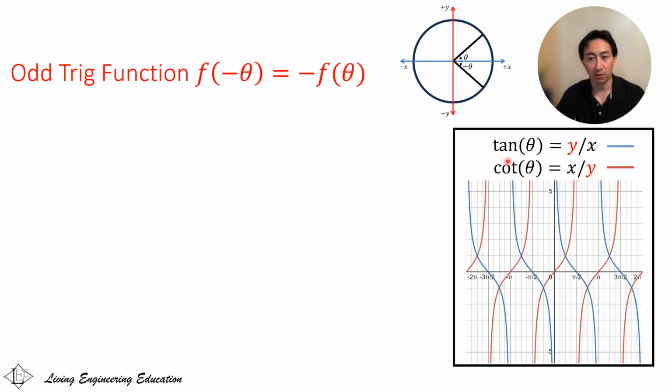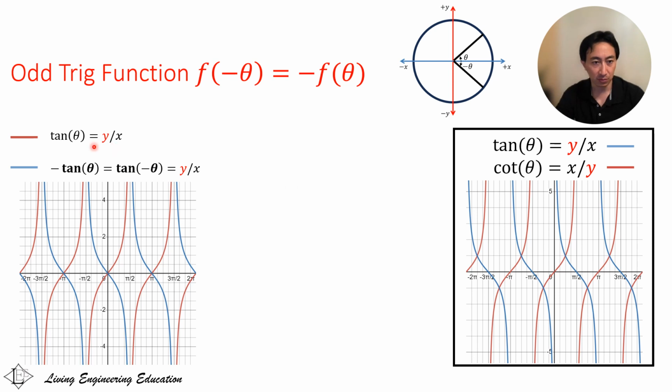And finally, we have tangent and cotan. So both have the y value, so it will be affected just like sine and cosecant were. And again, this would be an odd trig function, and we can see that because if you fold along the y-axis, you need to do the negative sign to mirror it.